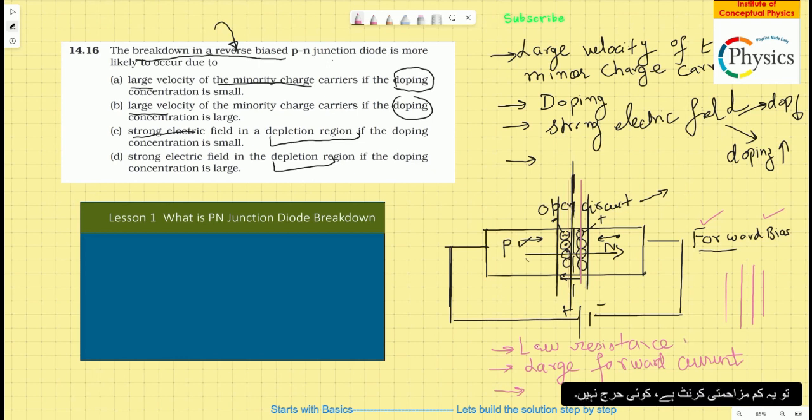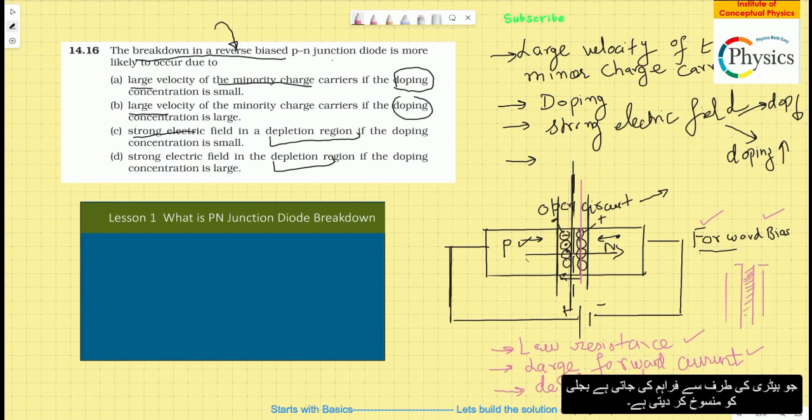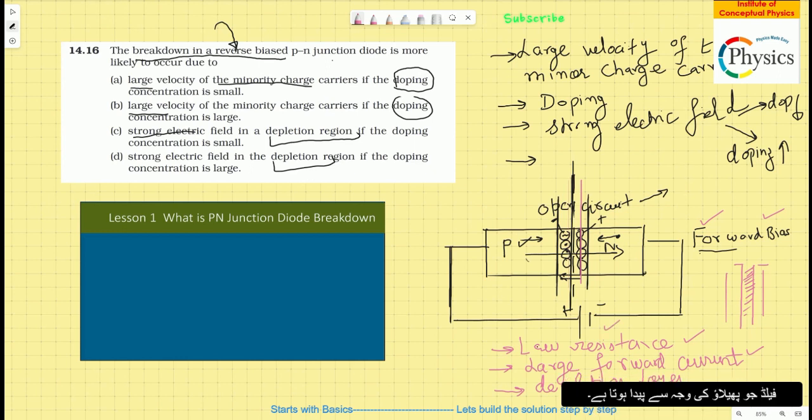So it is low resistance, current flows, no problem. The depletion layer squeezes, it becomes narrow, right? It becomes narrow, because the electric field which is provided by the battery cancels the electric field which is created due to diffusion.